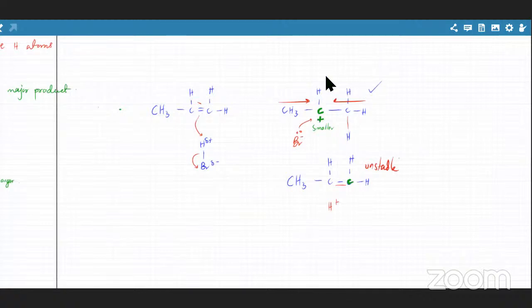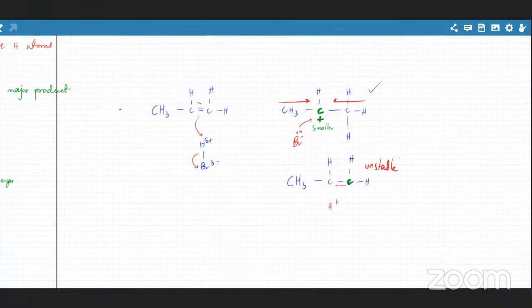You've already done that, but you don't have to state Markovnikov's rule again. You have to explain it. So you're going to draw this molecule or this ion, and tell them that a secondary carbocation is a lot more stable because of the greater number of alkyl chains around it, which have an electron donating effect.